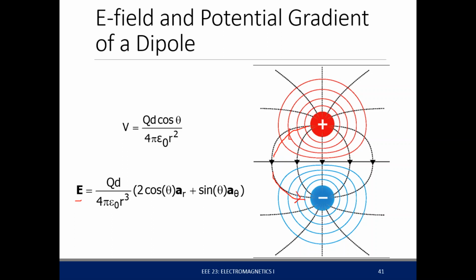Okay? So these are the electric field lines, and notice how they are always perpendicular to the equipotential surface. Okay? So that's how you illustrate the electric field and the equipotential surfaces of an electric dipole.